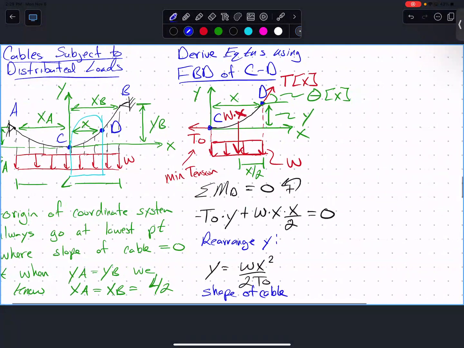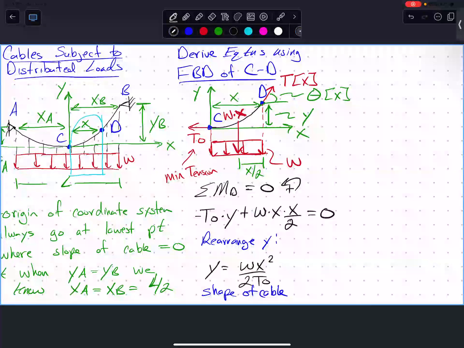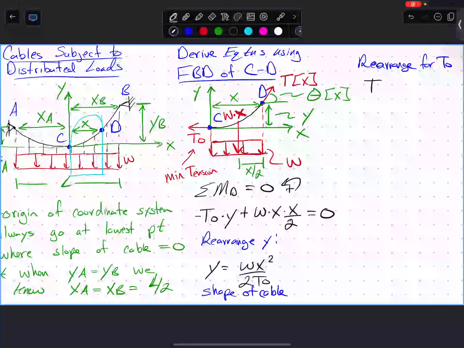The other thing we can do is rearrange the same moment equation for T naught. We're going to end up with T naught is equal to WX squared over 2Y, which is a nice way if we have the X and Y coordinate somewhere on our cable.